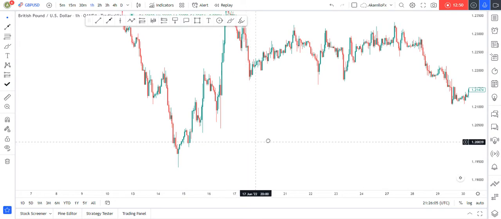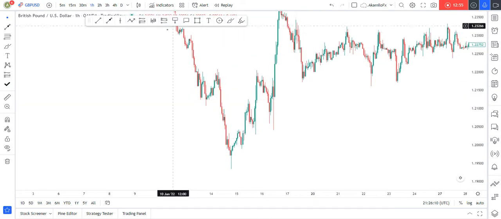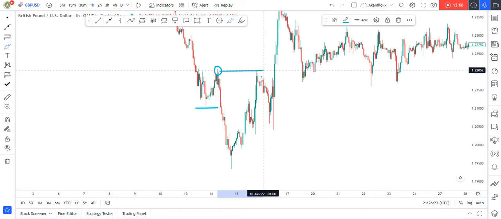Here, price gives us this move. When price breaks this BOS, this was our lower high. This was our high, and then it gave this move.